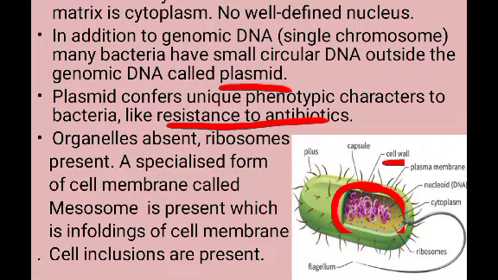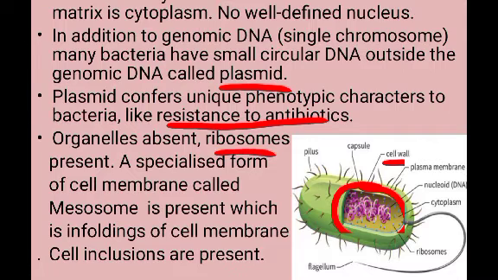Now as I told, they do not have a nuclear membrane, and they do not have membrane bound organelles. Membrane bound organelles are also absent in such prokaryotic cells, but they have ribosomes. Ribosomes are not surrounded by membrane, so they have ribosomes.